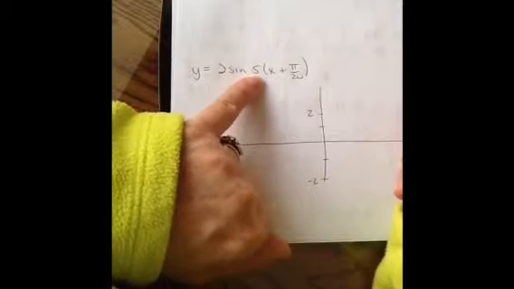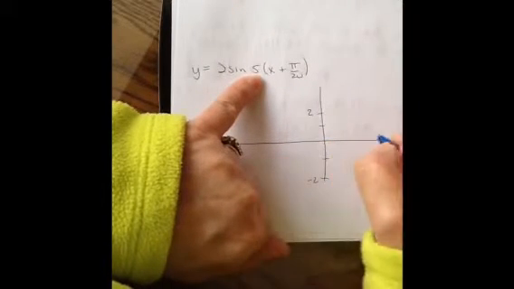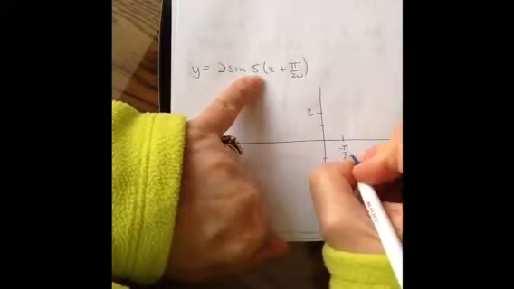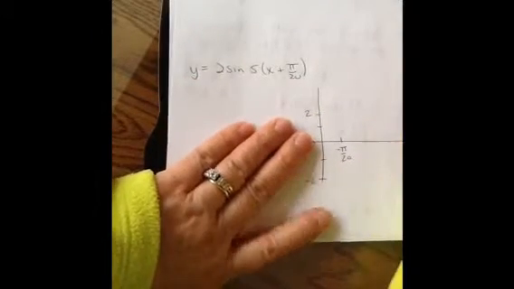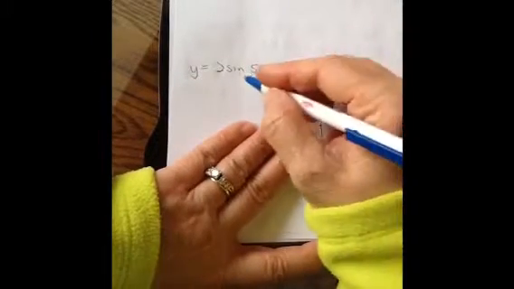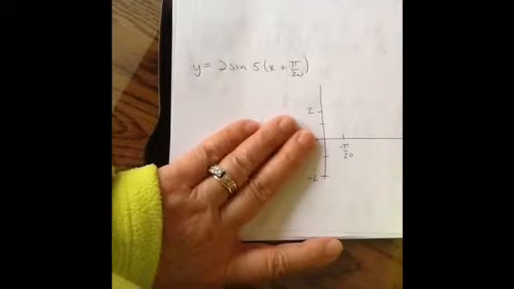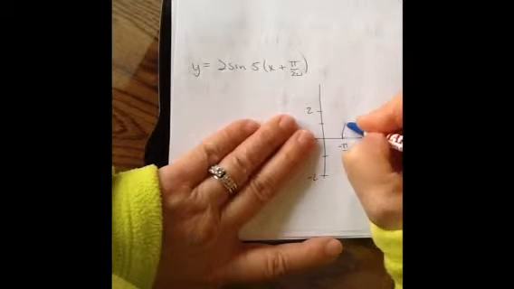And I went to the left, so I'm going to put this as negative pi over 20. I'm going to ignore this. And I have to go a period of 2 pi over 5.